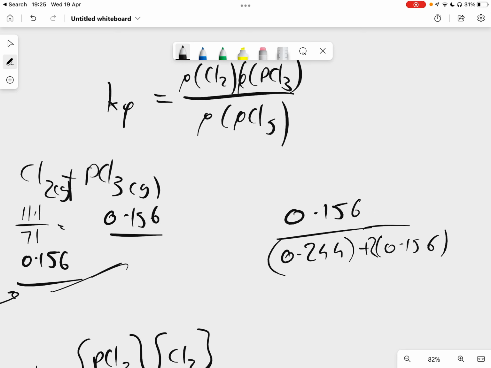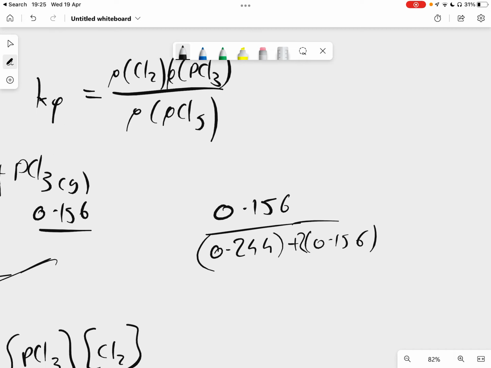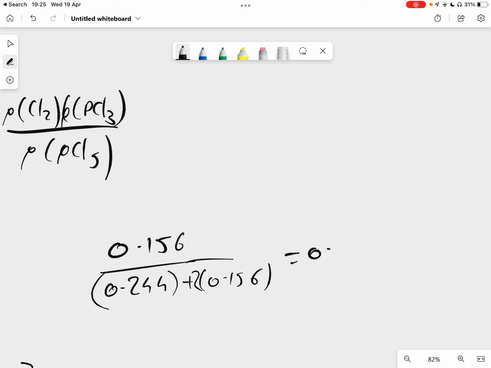So 0.156 over 0.244 plus 2 times 0.156 gives me a mole fraction of 0.280 for both chlorine and PCl3.